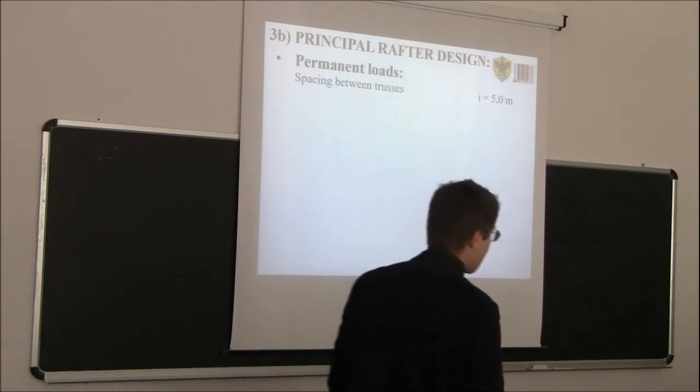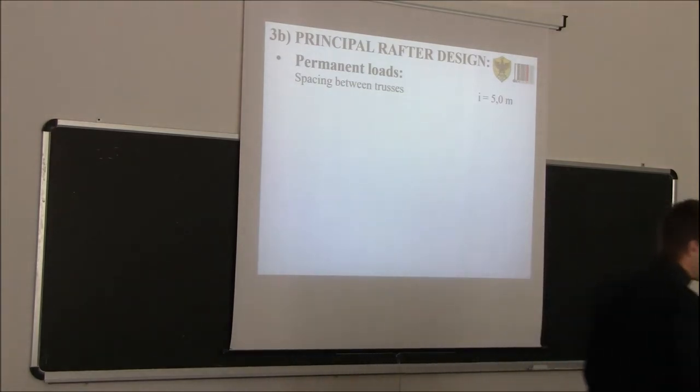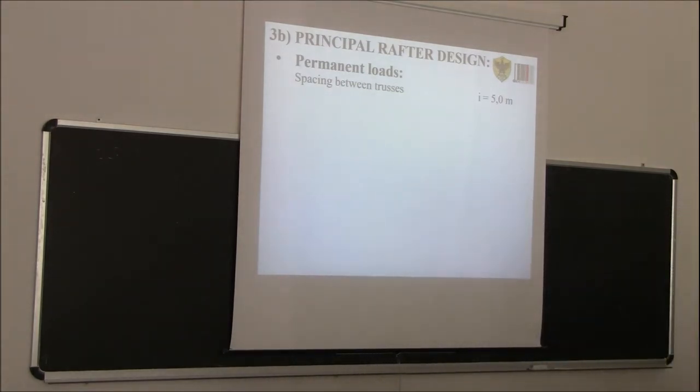So again, if you remember, on Monday we calculated the weights per unit of surface, a kind of pressure, if you want, acting on the roof, so the permanent load.